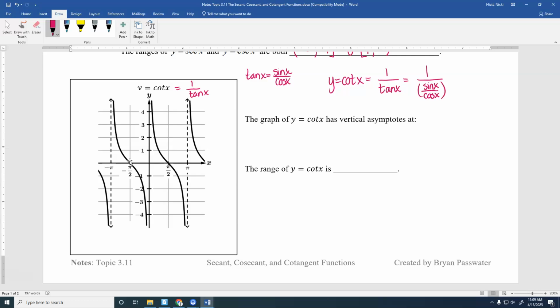Like they're equal to each other. And then dividing fractions is easy as pie. I could flip the second and multiply. So what we end up with here is that cotangent x also equals cosine x over sine x.